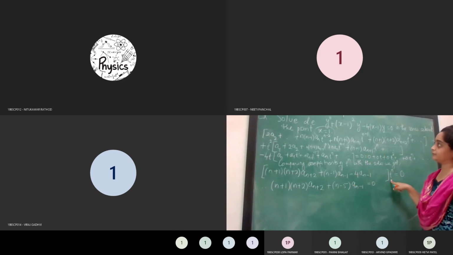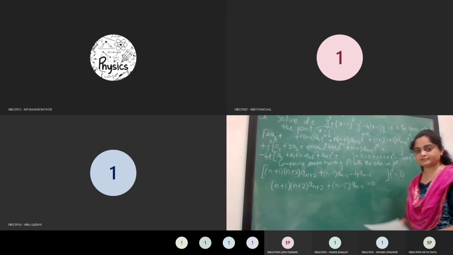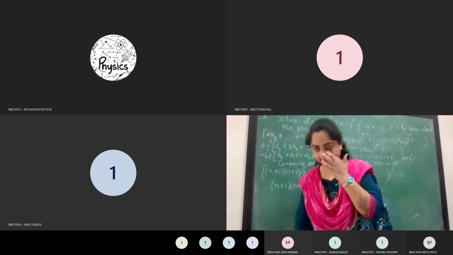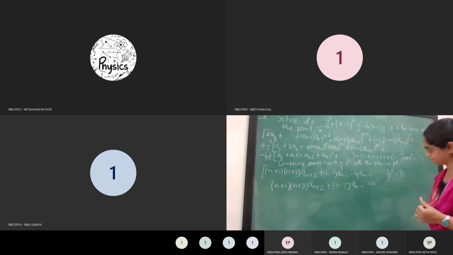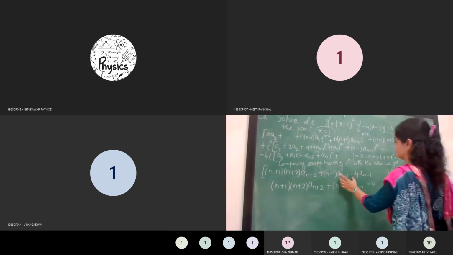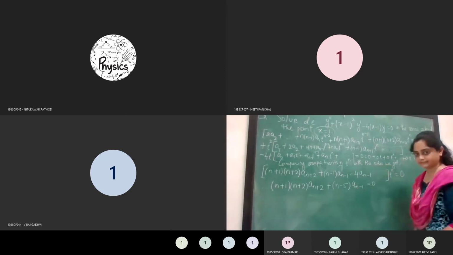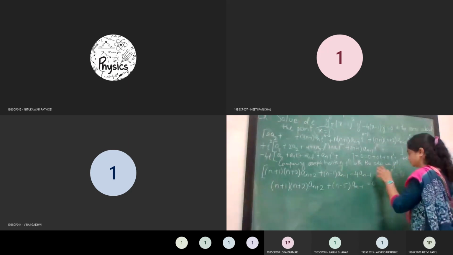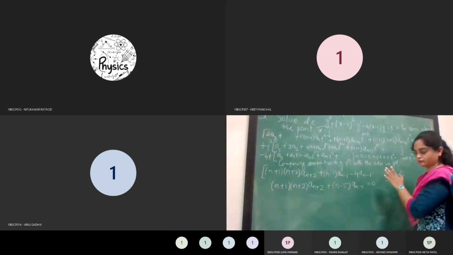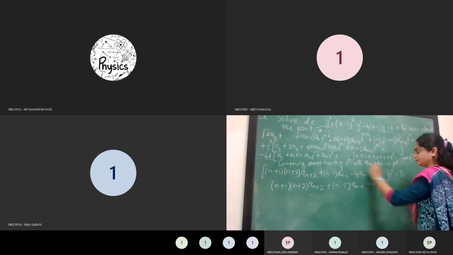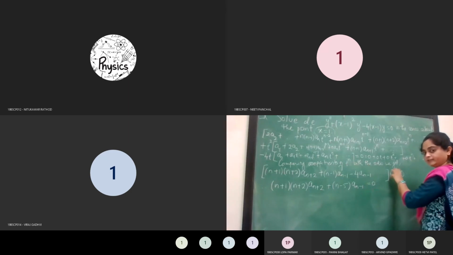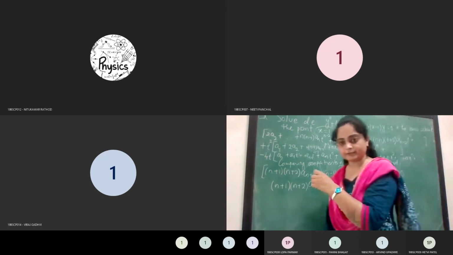Because if t is 0, what will happen if t is 0? Anyone having an answer to this one? See, this into this quantity is 0, that means either this is 0 or this is 0 or both of them are 0. If both of them are 0, there is no question. If t is 0 and this is not 0, suppose. So if t is 0, what will happen?